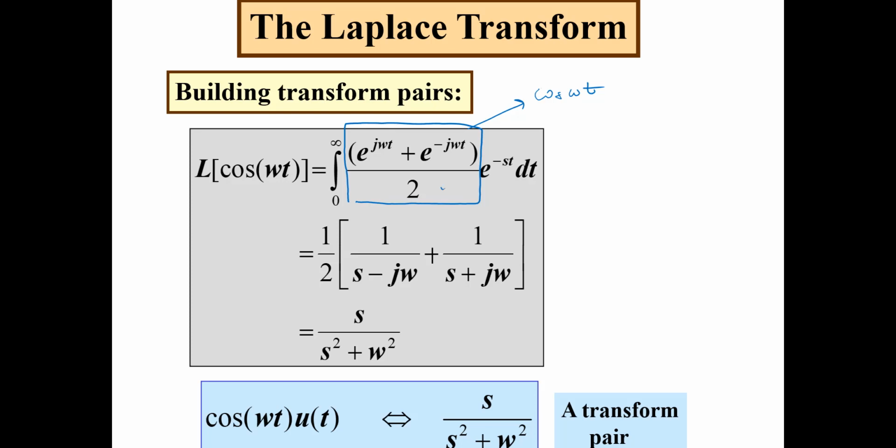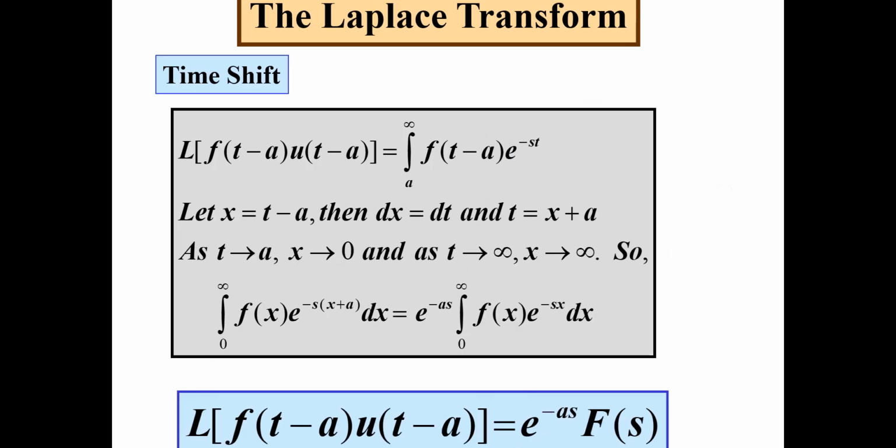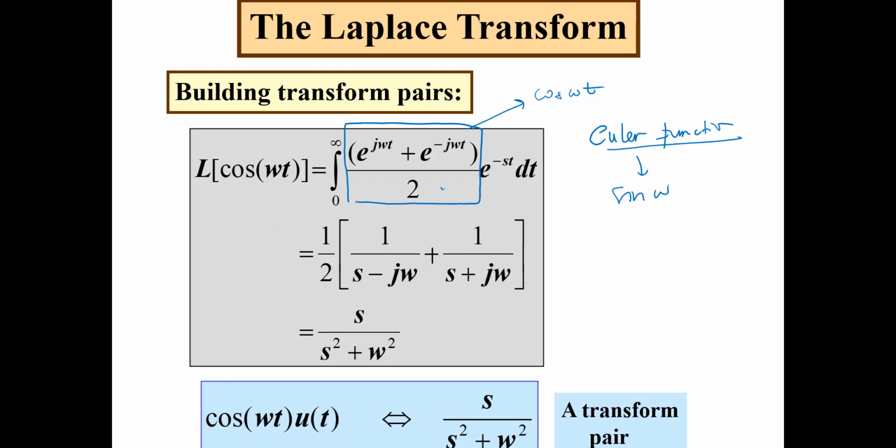You can also find sin omega t using the Euler function. Okay, you can find it by yourself.